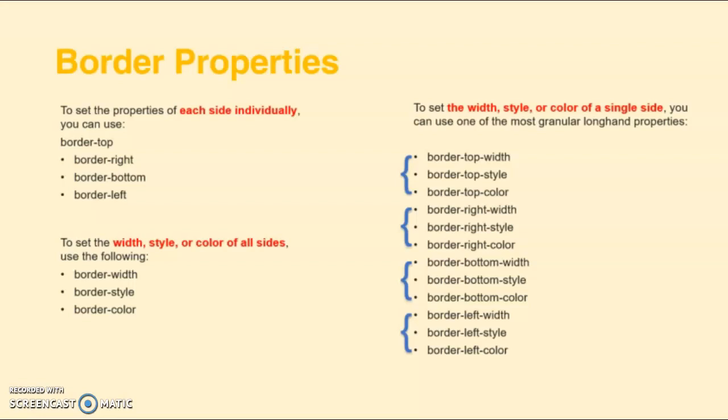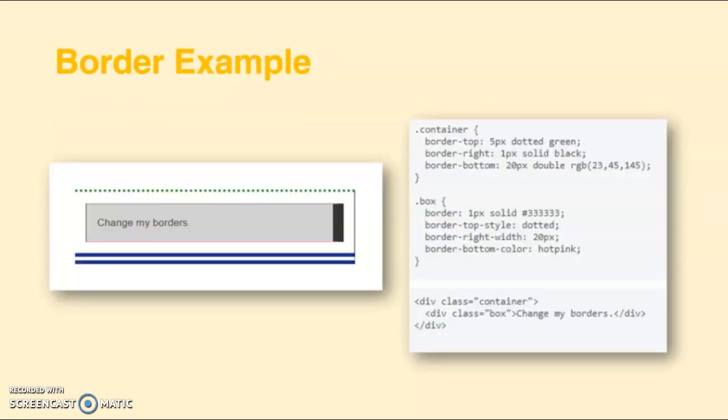To set the width, style, or color of a single side, you can use one of the more granular longhand properties, such as border-top-width, or style, or color, border-right, and so on. In this example, we have used various shorthands and longhands to create borders.